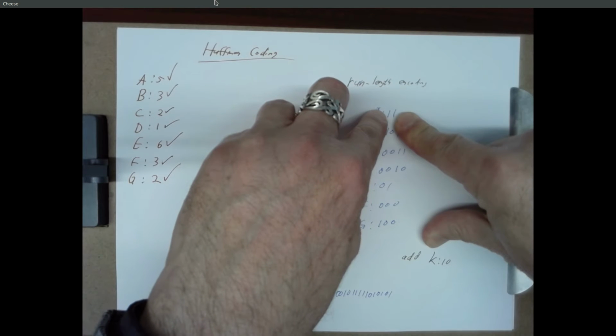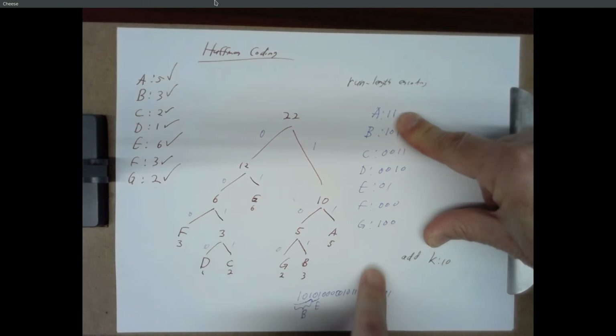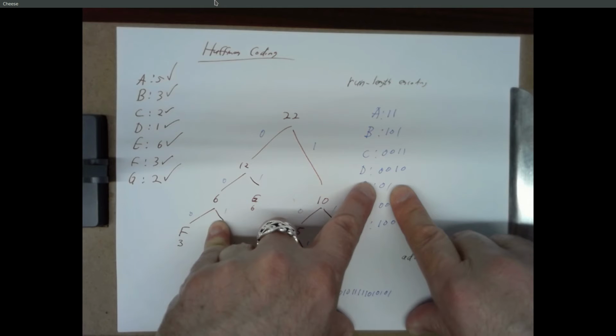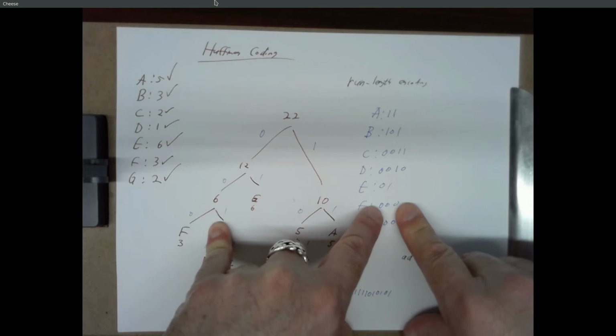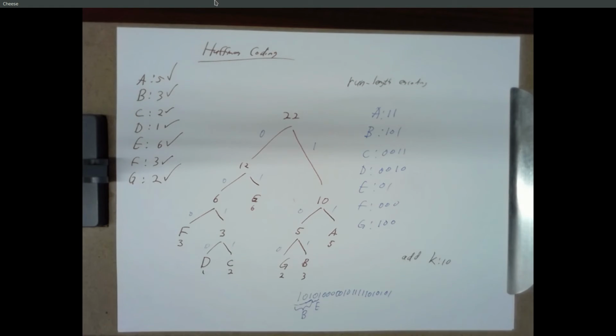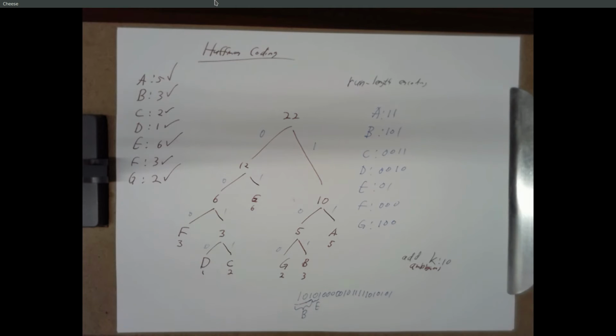No other code can start with a 1, 1. There's 1, 0s, there's 0, 0s, and there's 0, 1s. 0, 1, there's no other code that starts with a 0, 1. A 3-bit code, FFF, there's no other code that begins with a 0, 0, 0. So this is set up to stop it from being ambiguous.